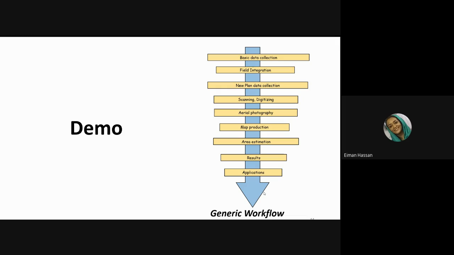If we have digital data or other data, we may need to scan some photos or documents or information from other sources, digitize areas, make an area of interest, and do aerial photography, map production, and area estimation. This is GIS work, and then we get the results and apply them to decision making for what we want to do.